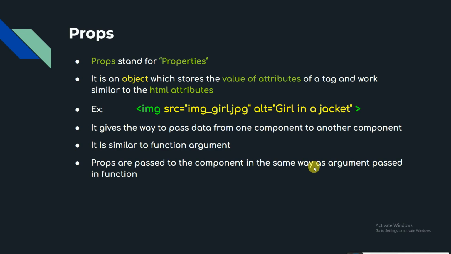Understood? So this was the theory, but we will see it in practical. Just remember that props is the object which stores the value of attribute. So let's dive into the practical.